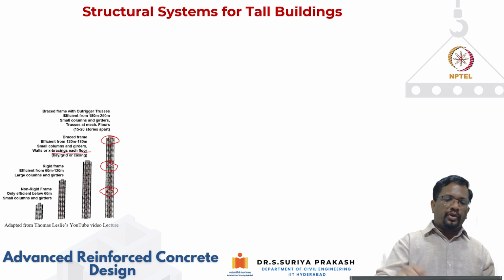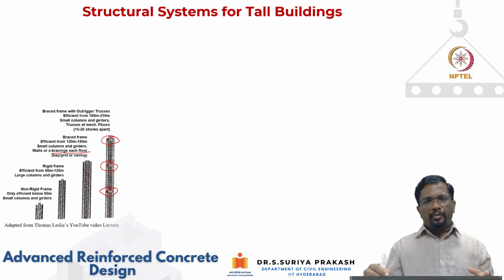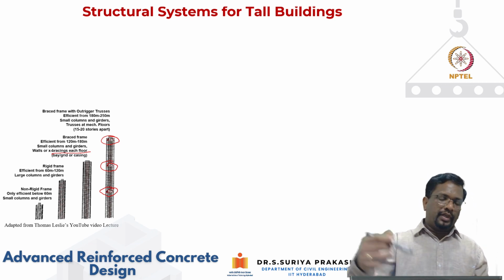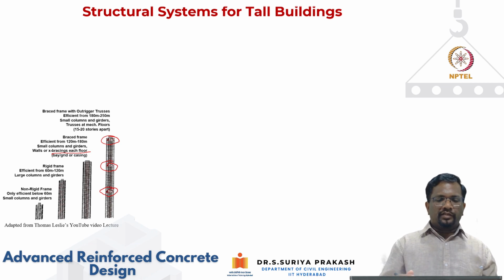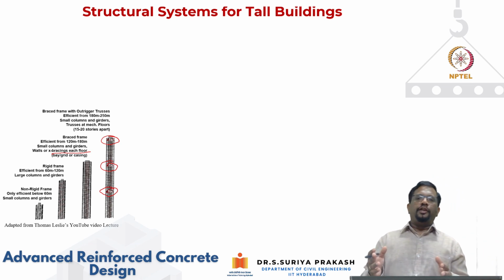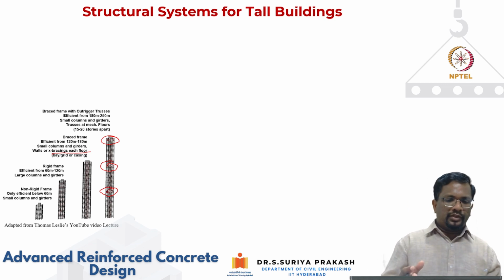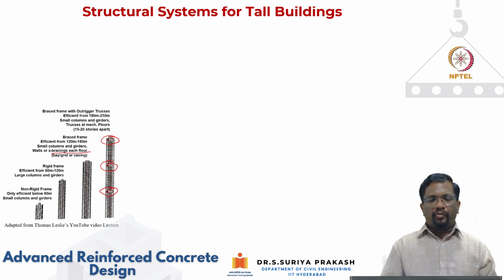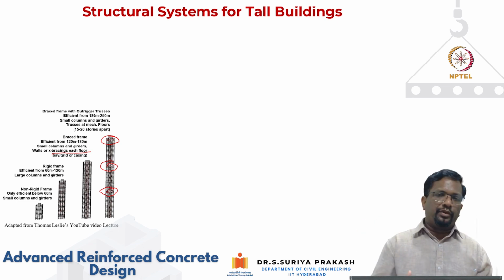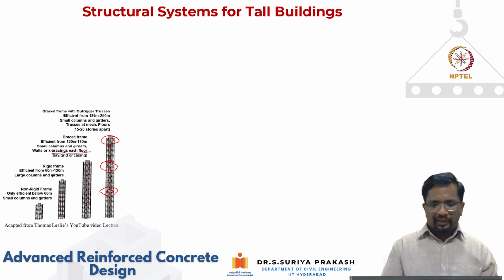They connect the outside perimeter frames with the inside core that you may have. In this way you can get a very efficient structural system. You can increase the height from 180 meters to, in fact, 250 meters, and with these systems you can optimize the dimensions of your columns and girders. Usually these outrigger trusses are put 15 to 20 stories apart, like what you're seeing here in this picture.